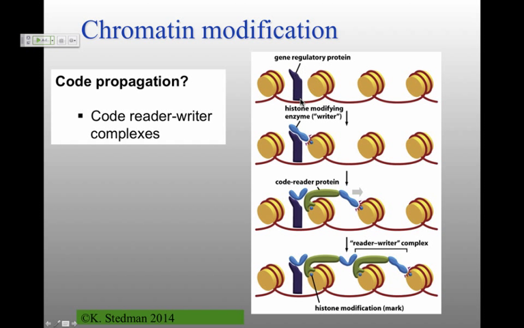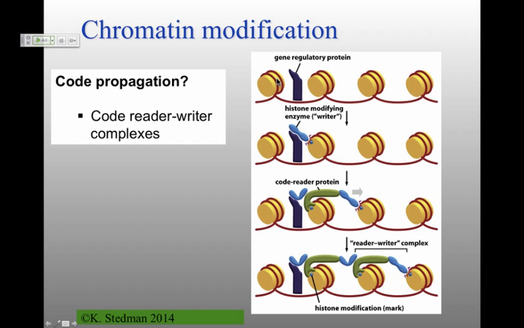So the regulatory protein binds to a specific piece of DNA under specific conditions, causing a modification of the histone. Once that modification has been made, then you have these code reader, code writer proteins, which will bind to that modification, but also bind to your writer protein and lead to multiple modifications that happen in that region of the DNA, which is near to where you had this gene regulatory protein.